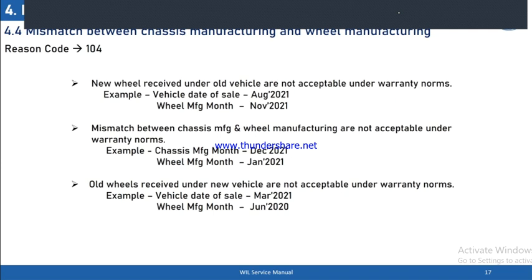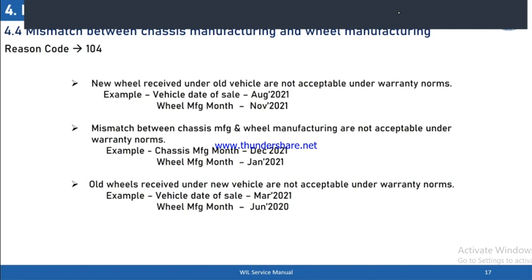Then one more thing is old wheel rims being fitted on a new chassis. Suppose the vehicle date of sale is March 21 and the wheel rim was manufactured earlier, in June 22. So the maximum difference will be 6 months. As we told earlier, suppose the wheel rim is manufactured in June 2020, the vehicle date of sale will be within 6 months at maximum.